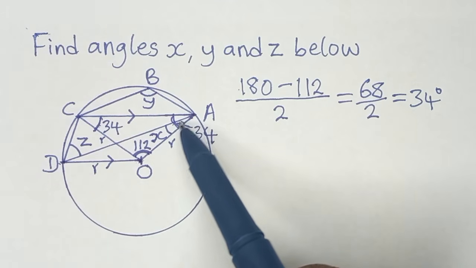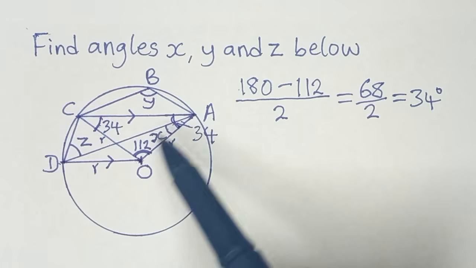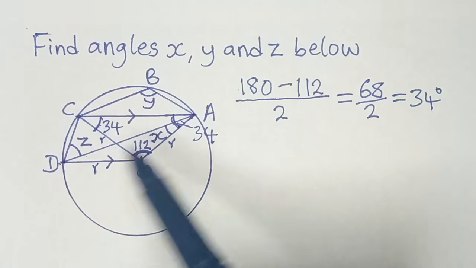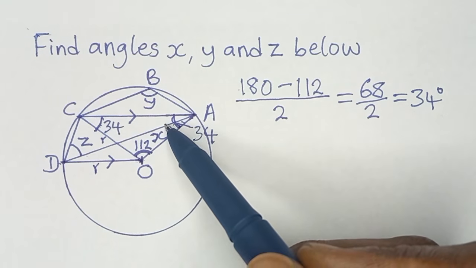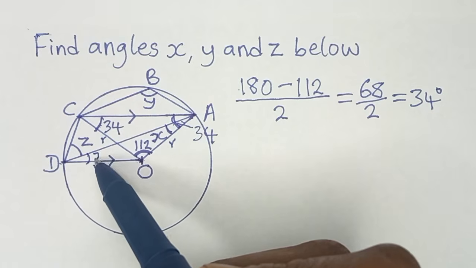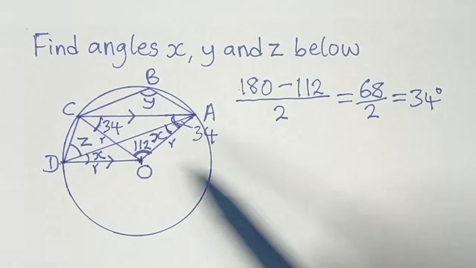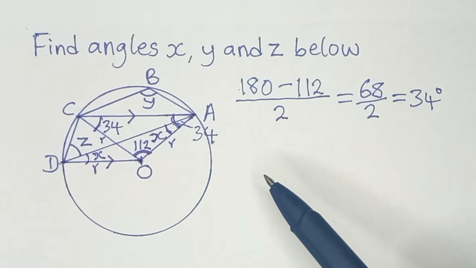So this is another isosceles triangle, ADO. So that means that the base angles of the triangle will also be equal because it is an isosceles triangle. So if this base angle is X, that means this other base angle here will also be X. Hope you are seeing that, because the base angles of an isosceles triangle are equal.